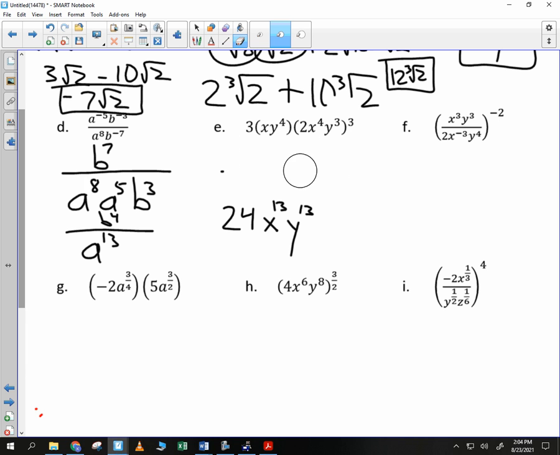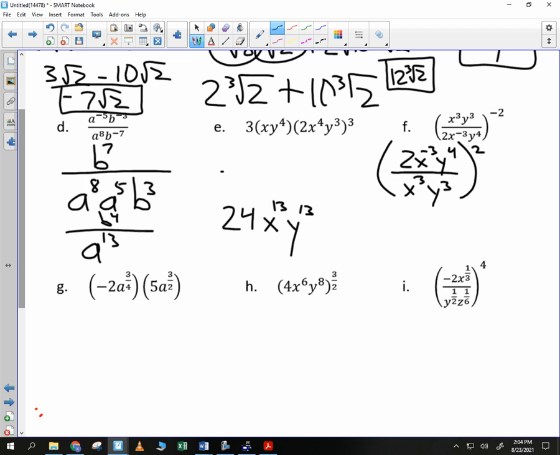What about letter F? What would you do first? Yeah, so this negative sign right here, let's get rid of this negative sign by flipping everything. So I have 2x to the negative 3, y to the 4th, over x cubed, y cubed, quantity squared.